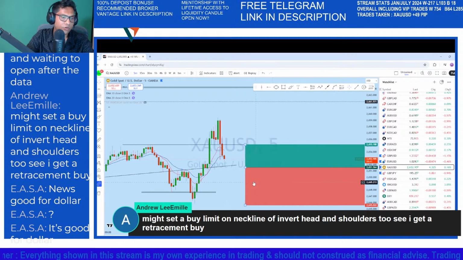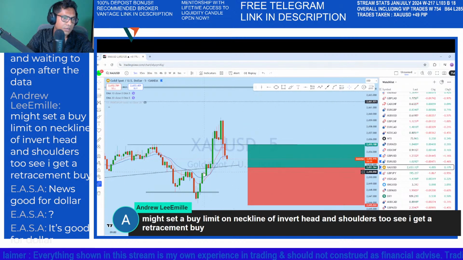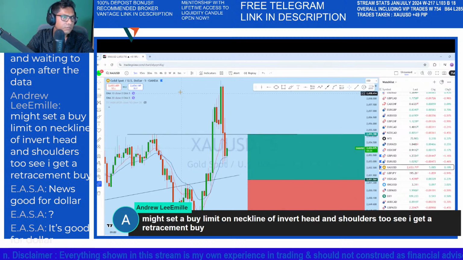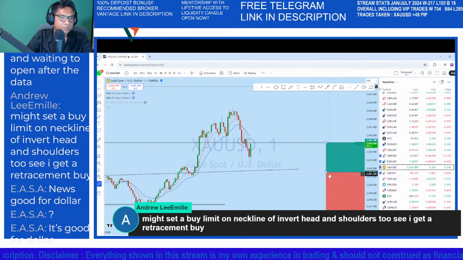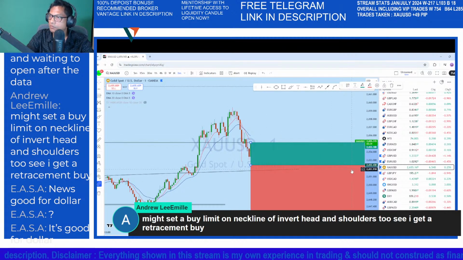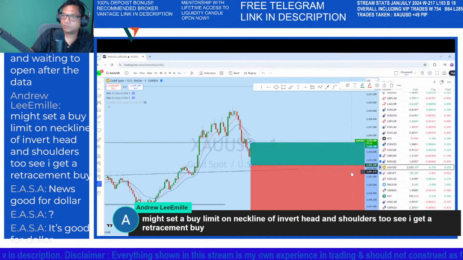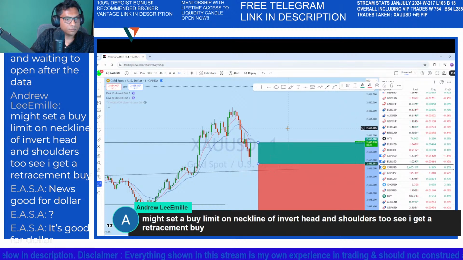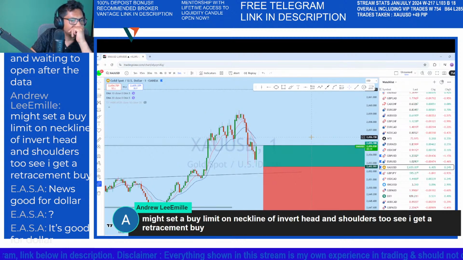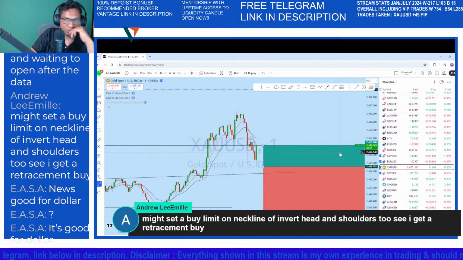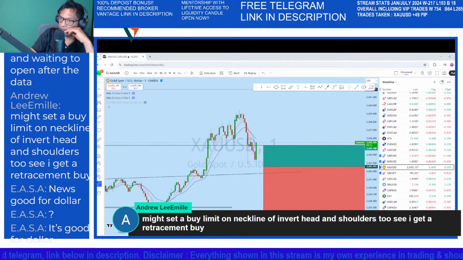It's coming for another neckline retest. Patience is very important when we are opening a position.